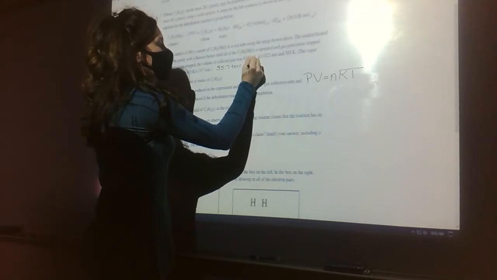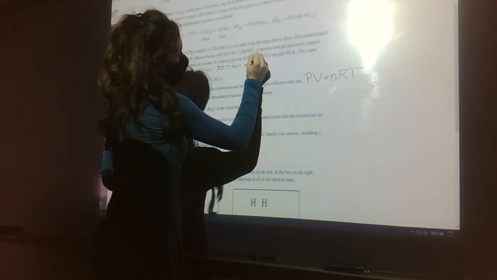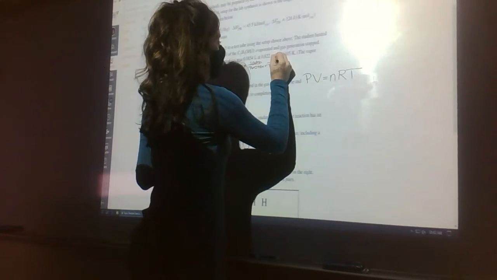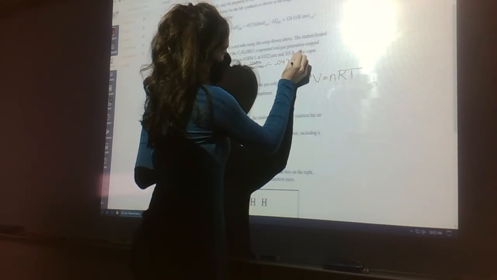Has to be converted to atmospheres, so you can subtract it from the total pressure. And you get 0.047 atmospheres of water.